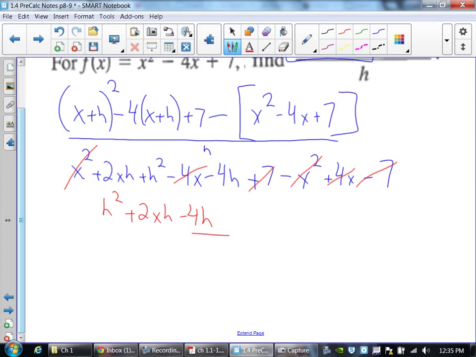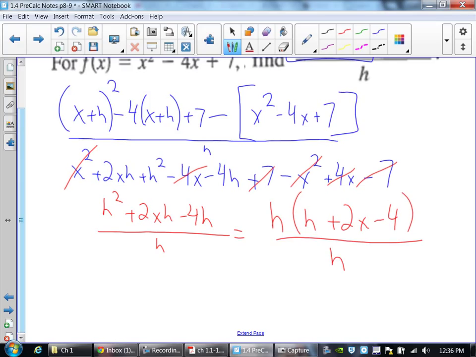Minus 4h. What's the GCF up top then? H. I can factor out an h. I was just showing how these two drop through.